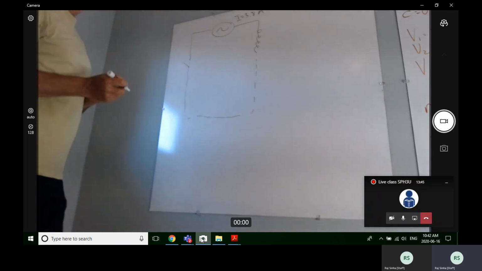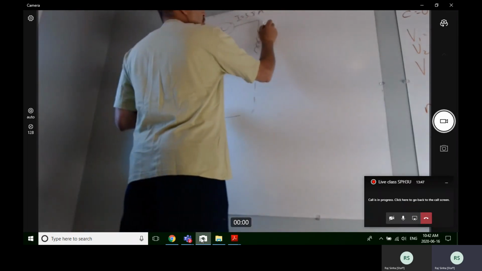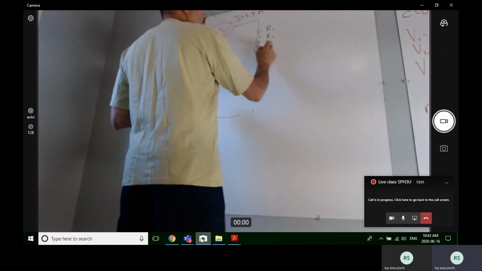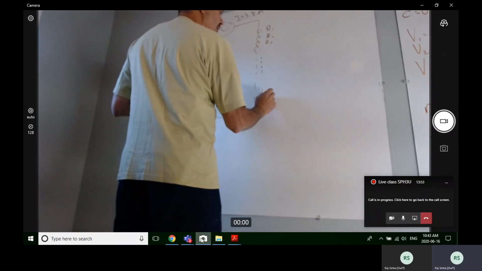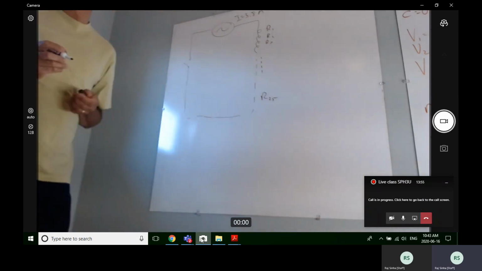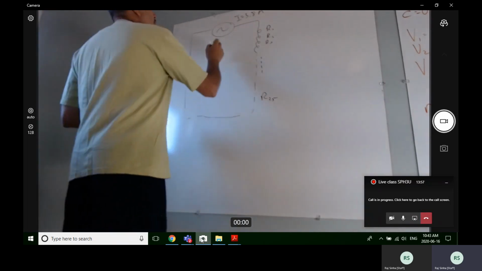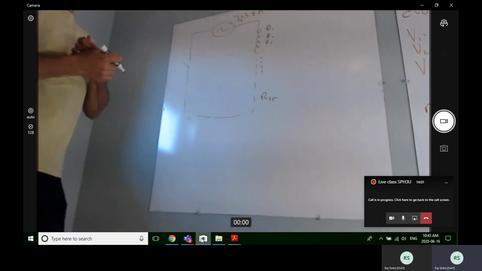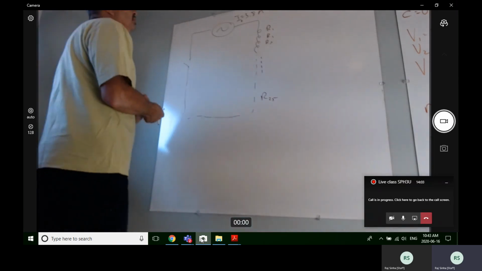Now, each of these bulbs is its own resistor, so there's bulb 1, bulb 2, bulb 3, all the way down to bulb 25. I know the current at the source, so I'm going to call that I0, my initial current.